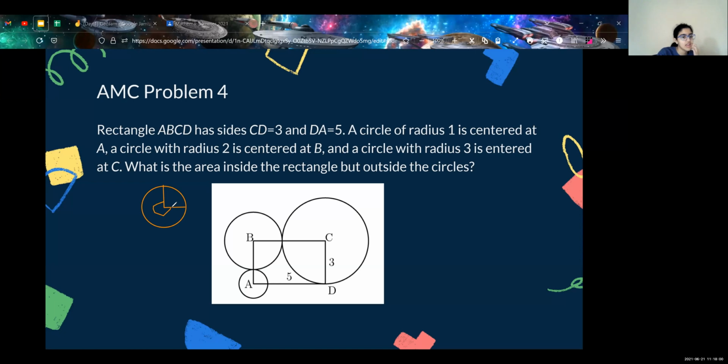Say this is the sector of x degrees, and the radius is r. Then we do x over 360 times pi r squared to find the area of a sector of a circle.